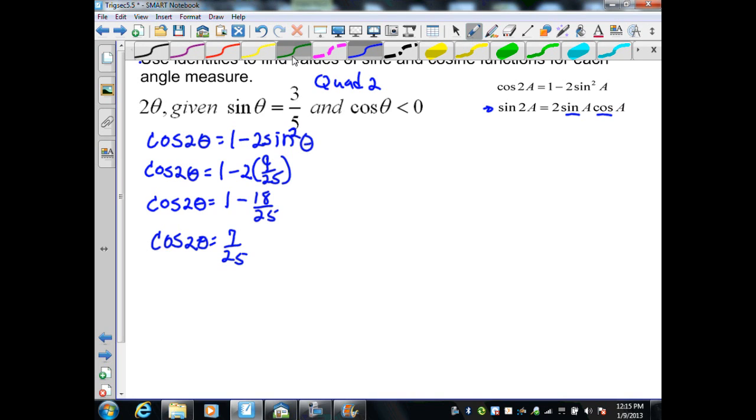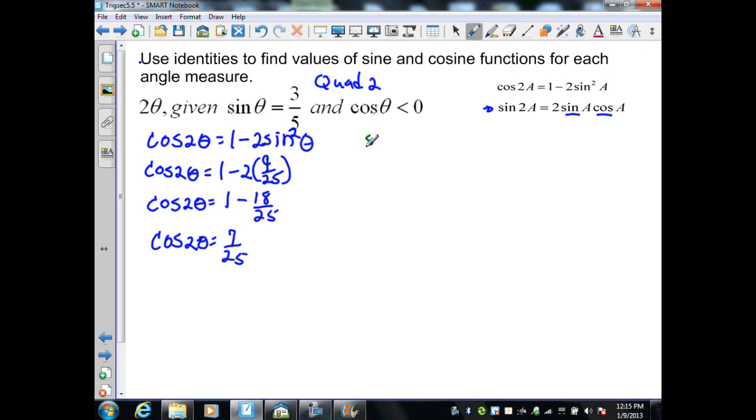Therefore, when I substitute in, I have sine squared theta plus cosine squared theta equals 1. I know sine squared theta is 9/25 plus cosine squared theta equals 1.